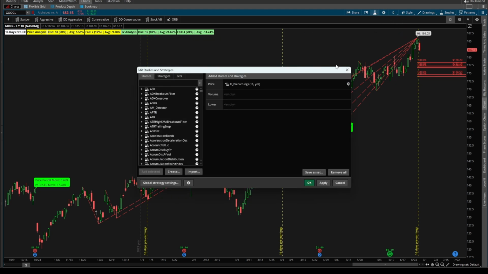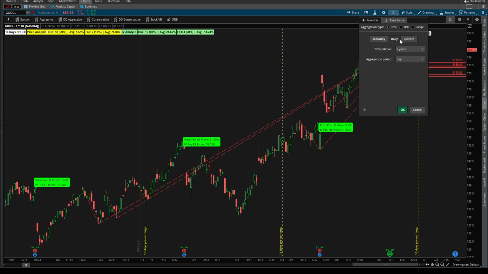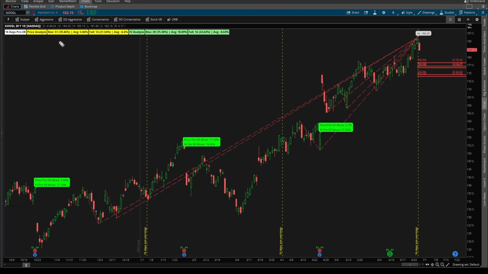If we expand this from the daily 5-year to, say, the daily 20 years worth of data instead, you should notice that we have a lot more data points, but the percentage stays relatively similar. 78% of the time, Google tends to rise into earnings, especially when you've given it this much time. So that gave me my bullish bias inside of Google.